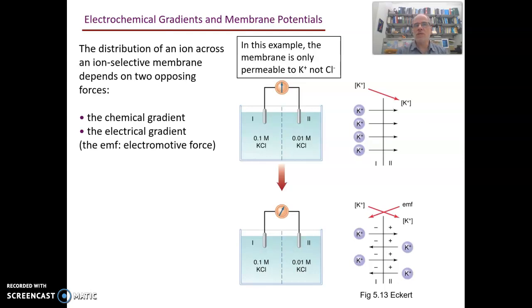Once potassium starts to move down its concentration gradient, a positive charge will move across the membrane, but the reciprocal negative charge is left behind because of this ion-selective nature of the semipermeable membrane that's in the beaker.